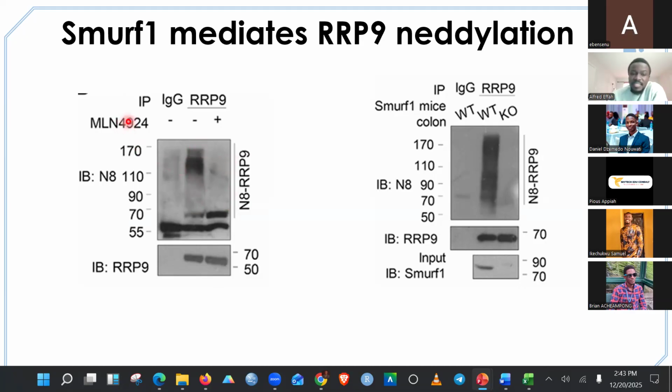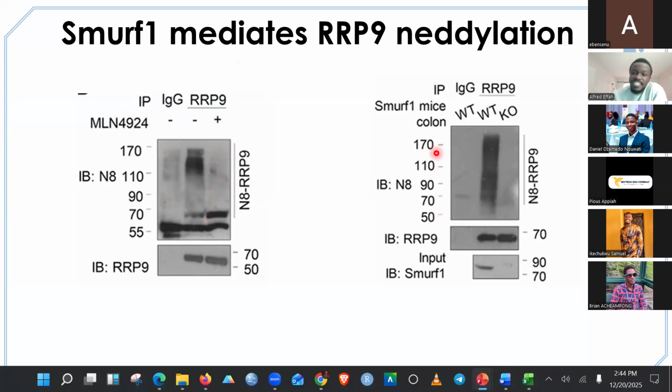Now let's add an inhibitor, which will prevent the addition of NEDD8 to RRP9 and see if NEDD8 will be present. And so when they added this E3 ligase inhibitor for NEDD8, you could see that there was no band. So here they were able to confirm in vitro that yes, SMURF adds NEDD8 to RRP9, and it is shown as a smeared band on the Western blot.